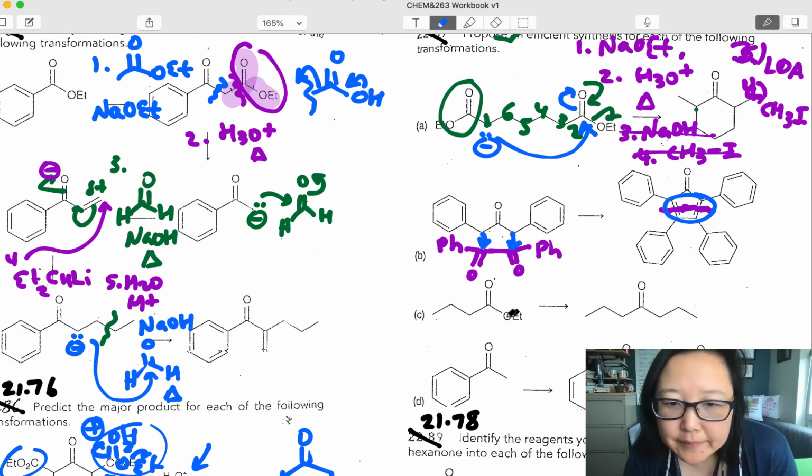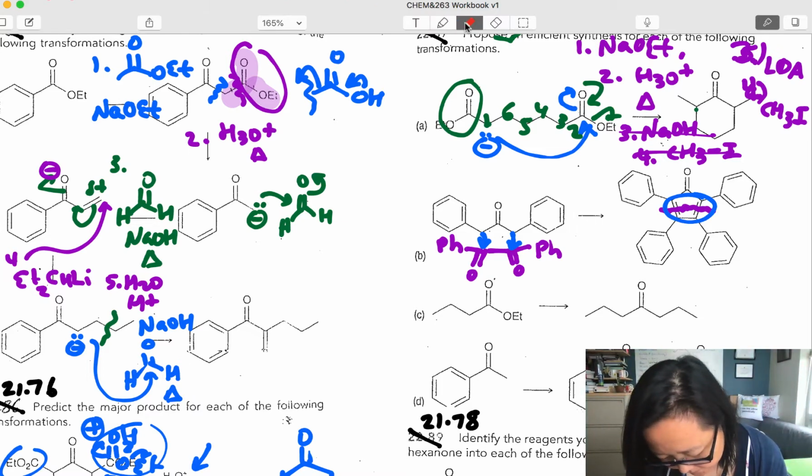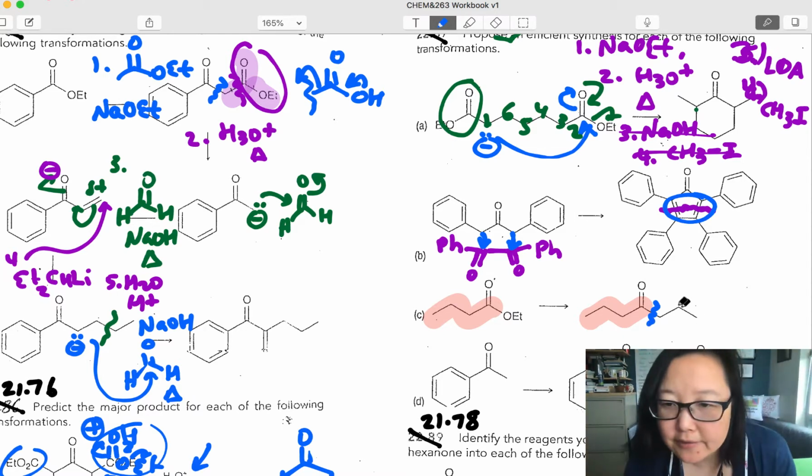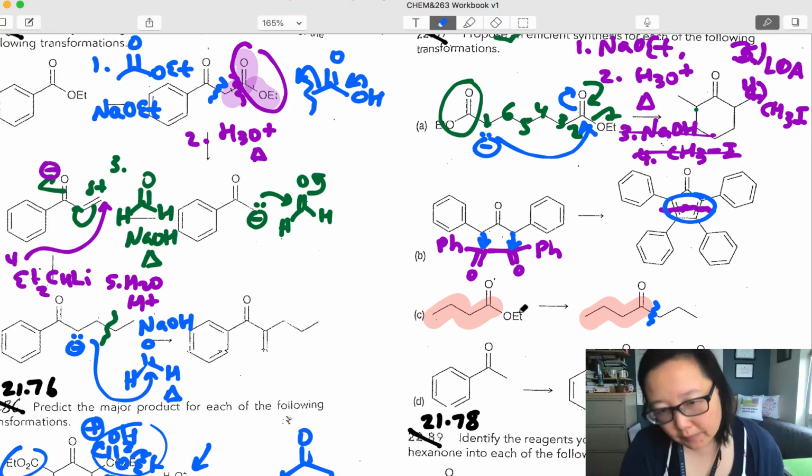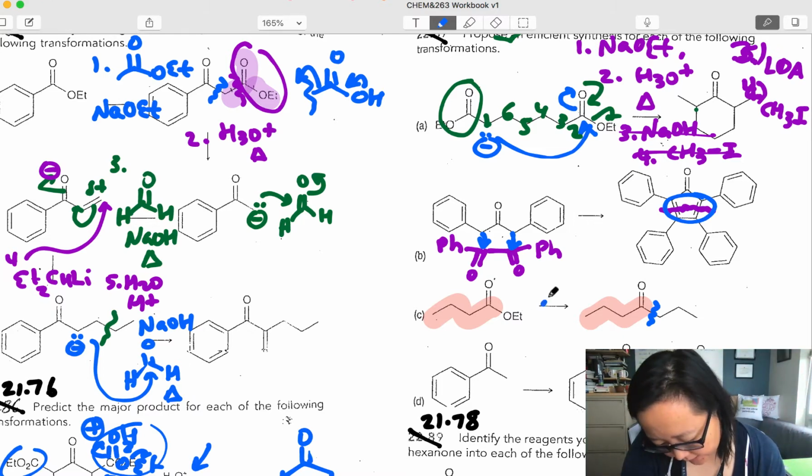In this one, I'm looking at how this carbon skeleton, 1, 2, 3, 4, 1, 2, 3, 4. Okay, so if those match up, then I'm really looking for a way to add this 3 carbon unit to here. So I just need a way that this can be a nucleophile to attack here, and then maybe this comes off. Well, one way we could do that is if we had an alpha carbon that was an enolate, and this is my electrophile.